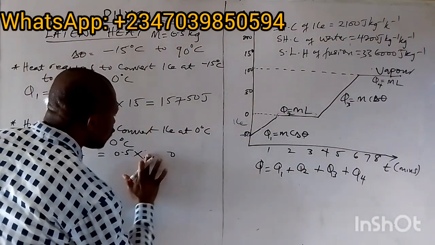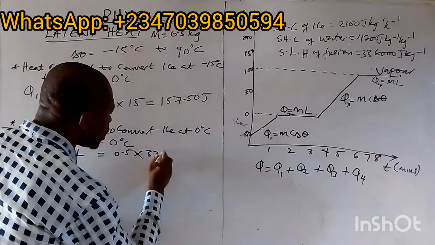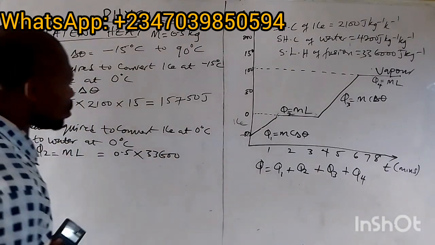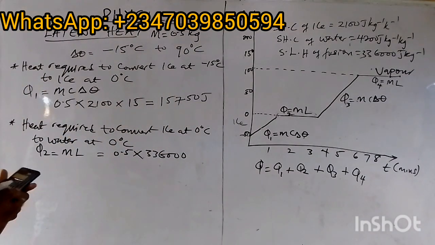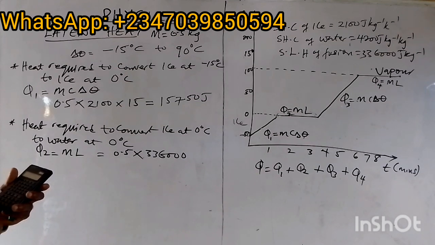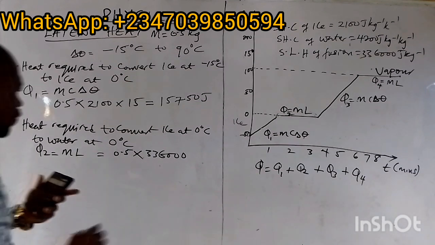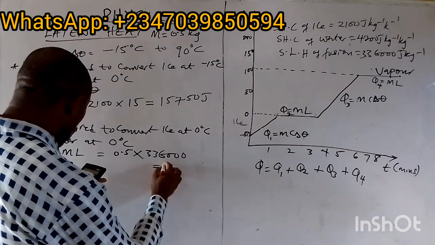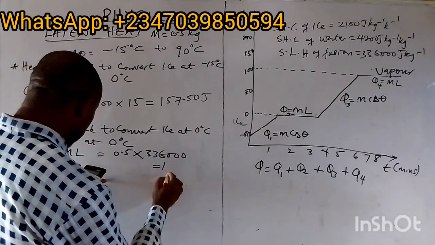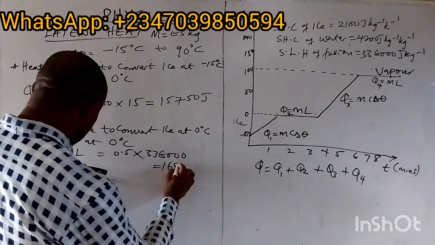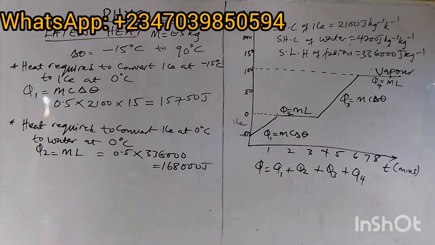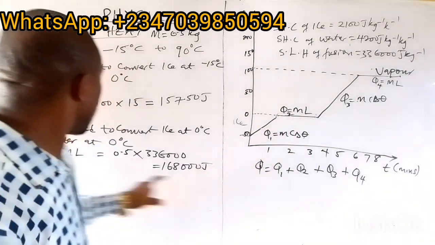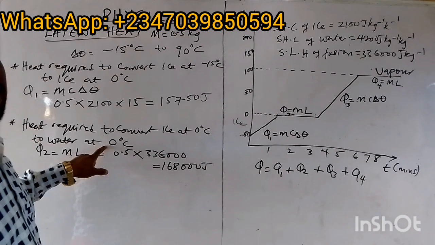So we have 0.5 times 336,000, which will give us 168,000 joules. Now this is where we are. We have melted it to water at 0 degrees Celsius.